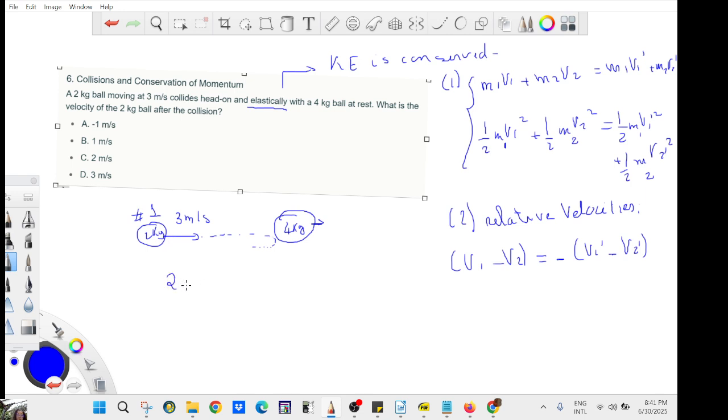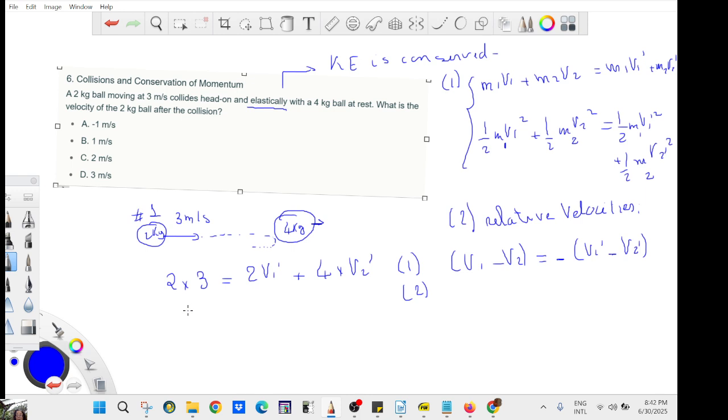So what do we have? Momentum before is going to be 2 times 3 equals momentum after: 2 v1 prime plus 4 times v2 prime. Momentum before of this one is 0. So I have this equation here. And I know also that the relative speed, v1 minus v2, is just 3.